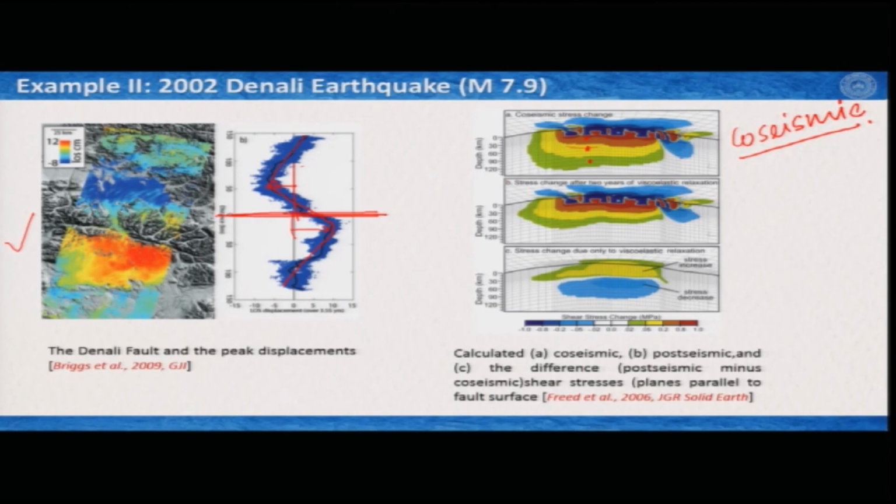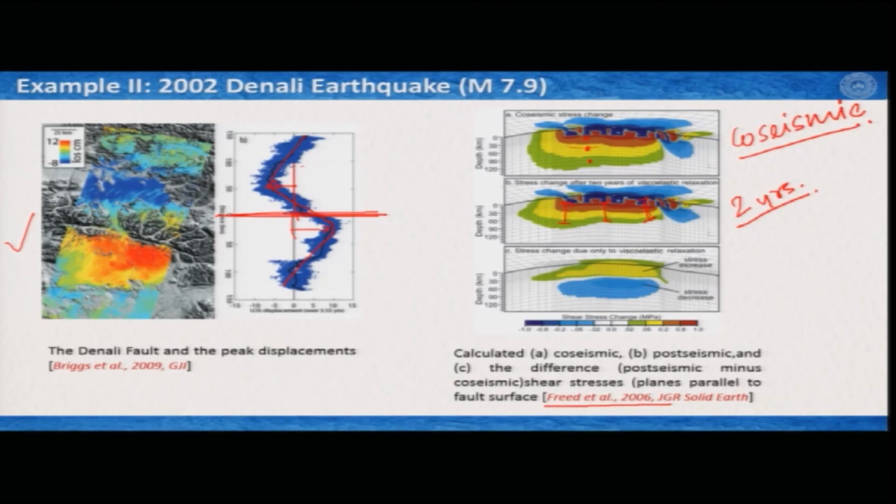And then the second illustration shows the same place after 2 years, and we can clearly visualize that. I am not going into the detail, but if you are interested, you can read this paper, Freed, 2006, I think 2006A, they have 2 papers on this.